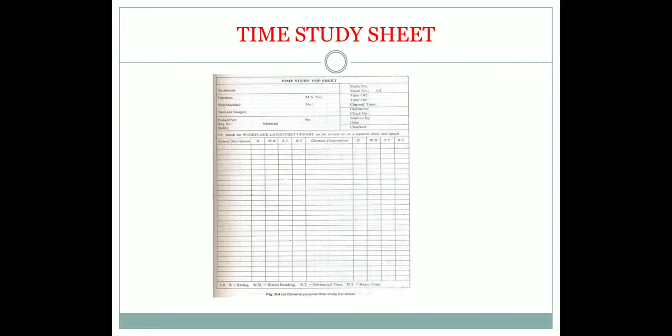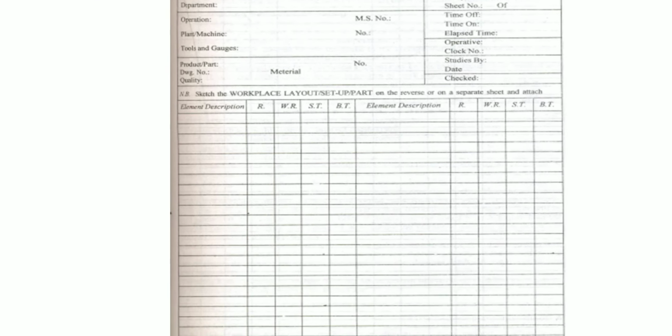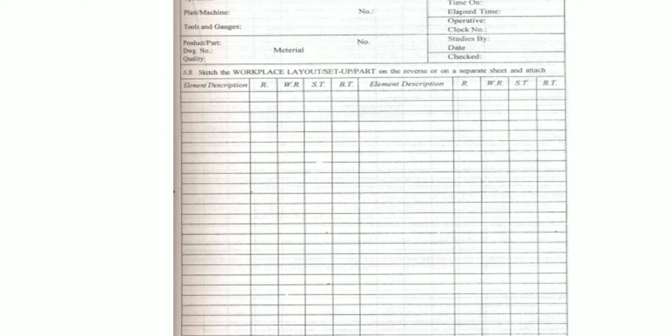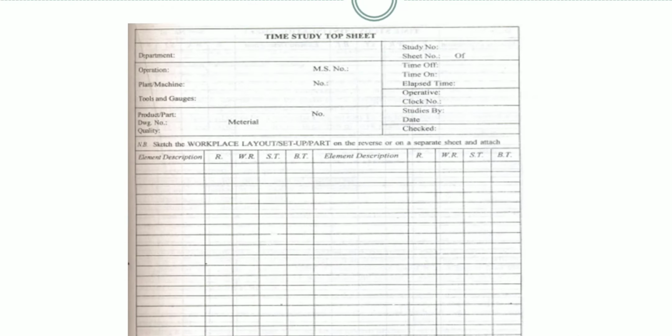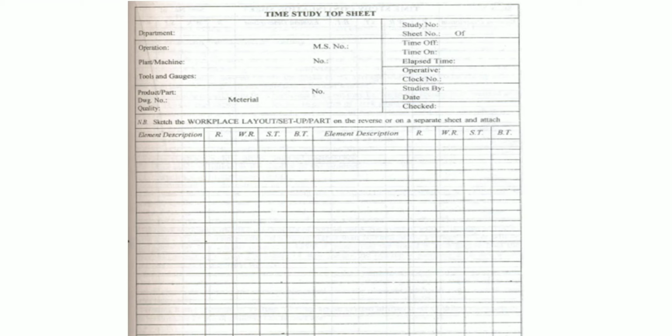The use of a standard form is desirable as the constant information such as part name, operation description, parts of machine, tools and gauges, study number, sheet number, time on, time off, and operative clock number are mentioned in the time study form.